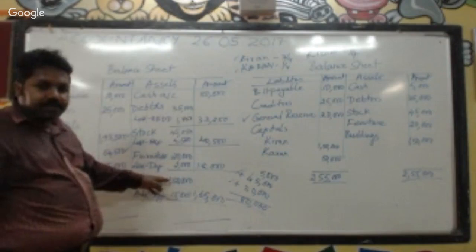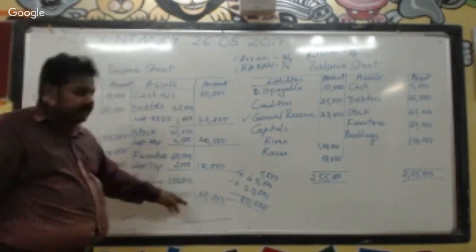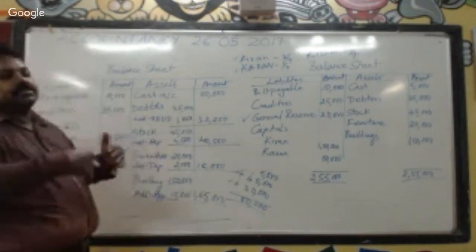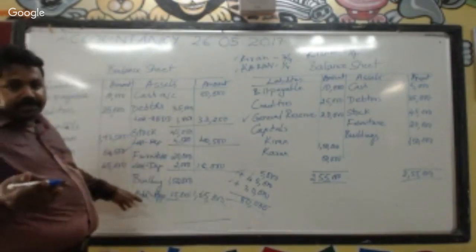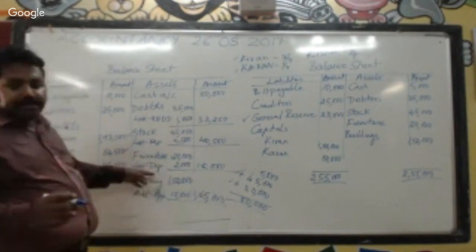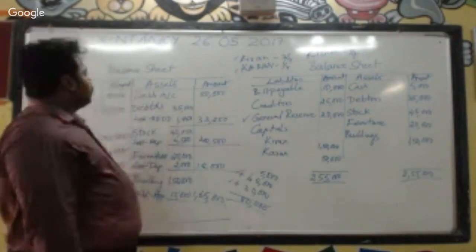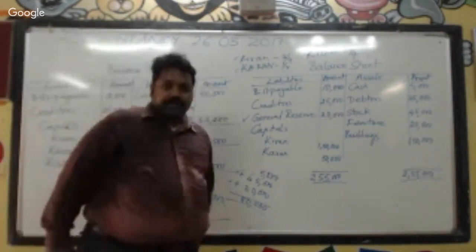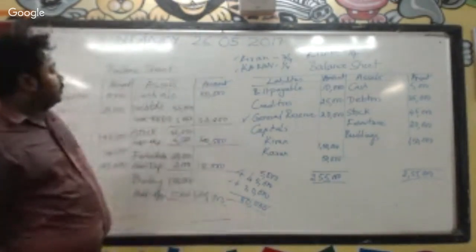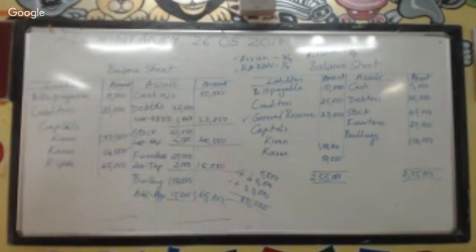Now, how much did it become? After valuation, it became 1,65,000. Appreciation means it has been increased. So if it is appreciation, we have to add. If it is depreciation, we need to subtract, less. So this is yesterday's problem, we have continued this one and we have completed this valuation. Just note down all these things. Thank you very much.